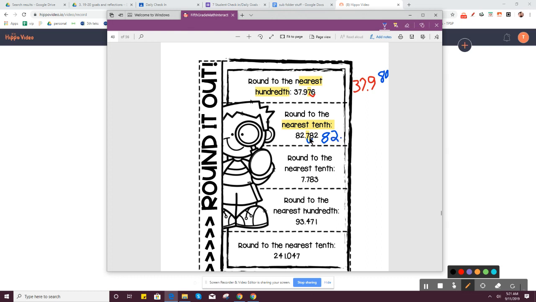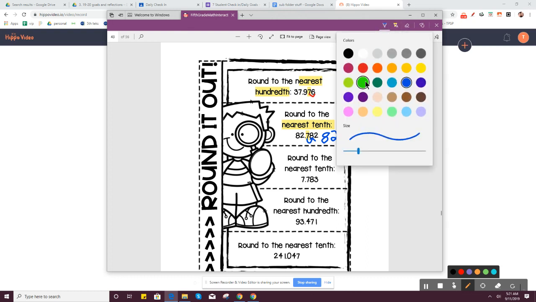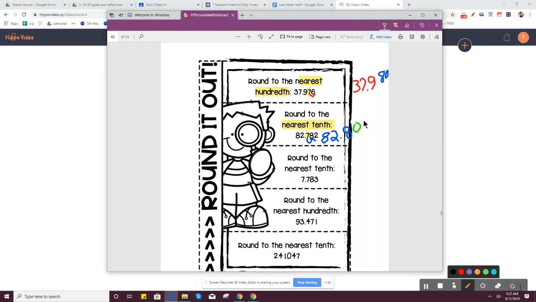And now let's look at the digit behind the tenths place. Is that 5 or more or 4 or less? Well, it's an 8, so that's more than 5, which is going to make that 7 turn into an 8. Everything else behind it turns into a 0, and you've rounded that decimal to the nearest tenths.